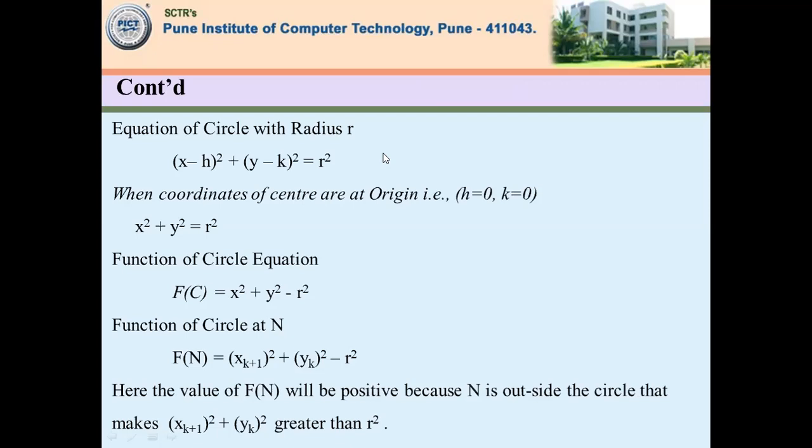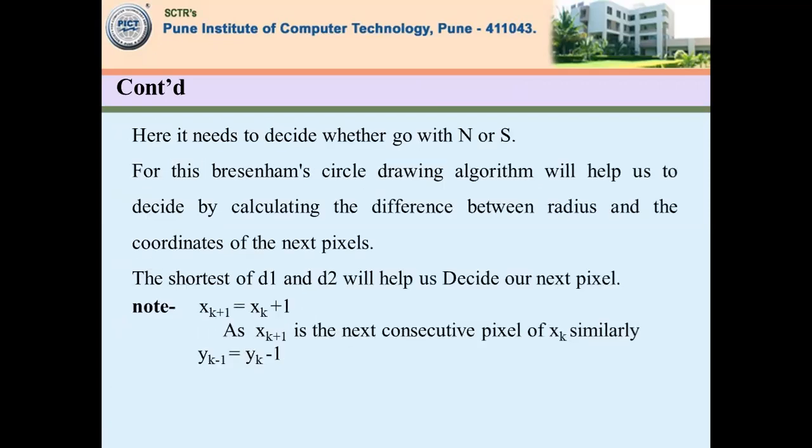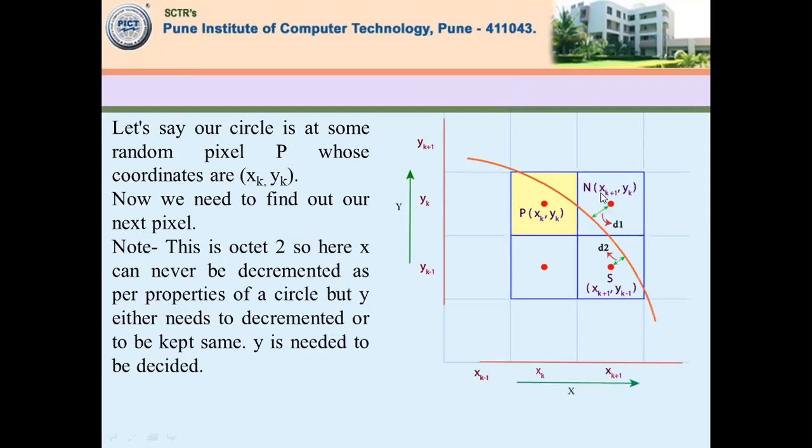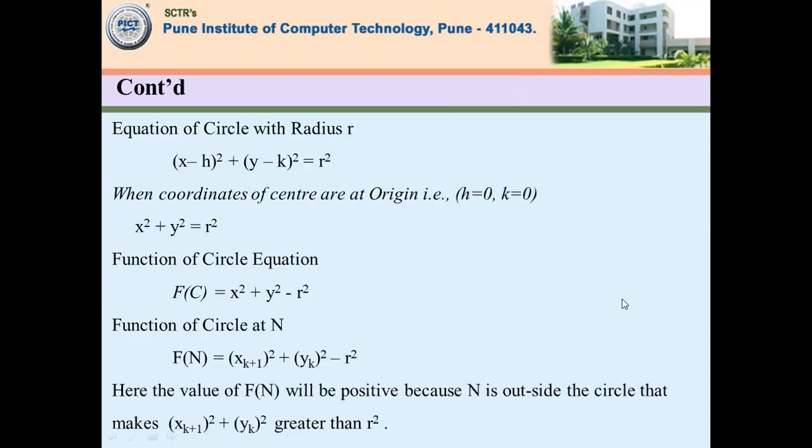What about the function of a circle at the end point? Remember, n is the end point where y is not going to change, and this is the s point where y is changing. So just for that point we are going to write the equation. That function is indicated by f of n, xk plus 1 square plus yk square minus r square.